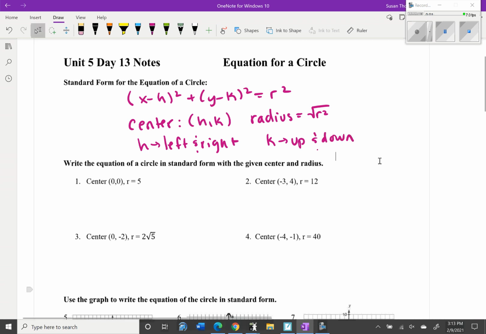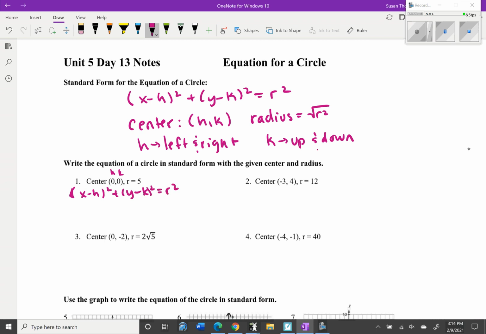So let's practice. Write the equation of a circle in standard form with a given center and radius. So the center is 0, 0, so that's our h and k, and the radius is 5. So if it helps to write down the equation, x minus h squared plus y minus k squared equals r squared.